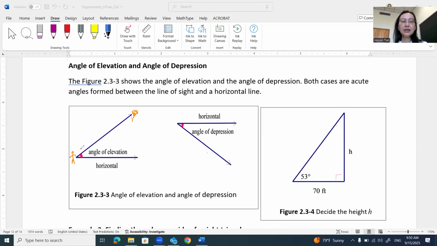If you stand here and you look up at the balloon, there's a line of sight and a horizontal line here, and there's an acute angle formed by the line of sight and the horizontal line. And this acute angle is called angle of elevation.